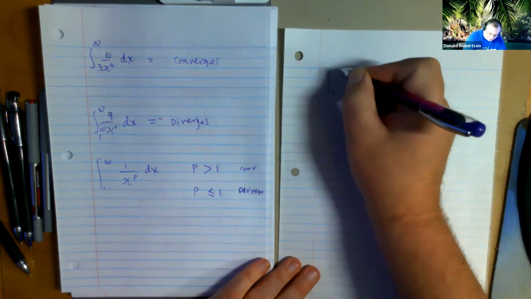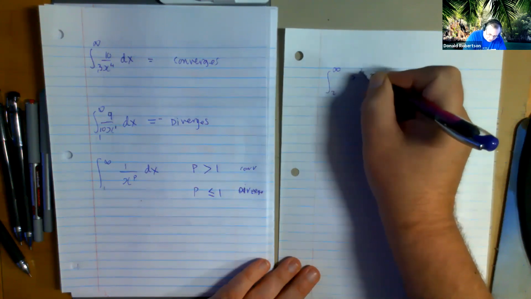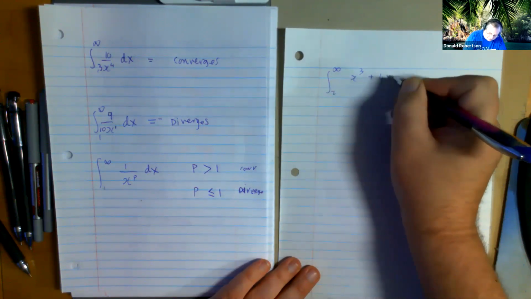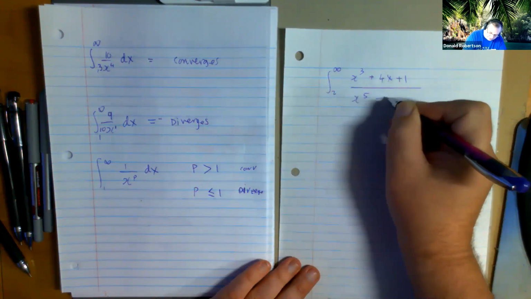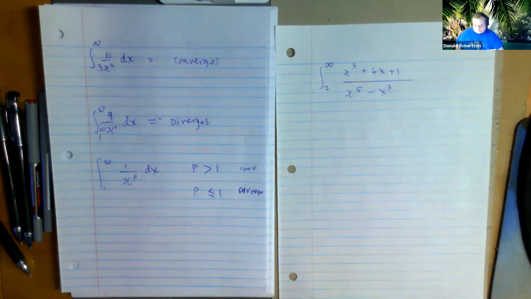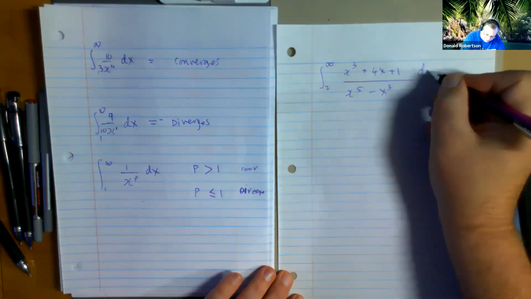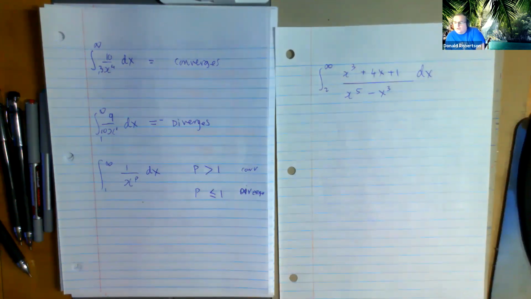Suppose I wanted the integral from 2 to infinity of x cubed plus 4x plus 1 over x to the 5 minus x cubed. Now these questions only want, does it converge or diverge? They don't need to know what it converges to. You only need to make one decision, and that is it converges, or you hit the other dot, it diverges.